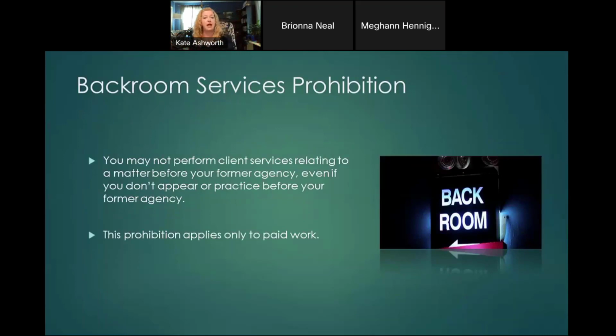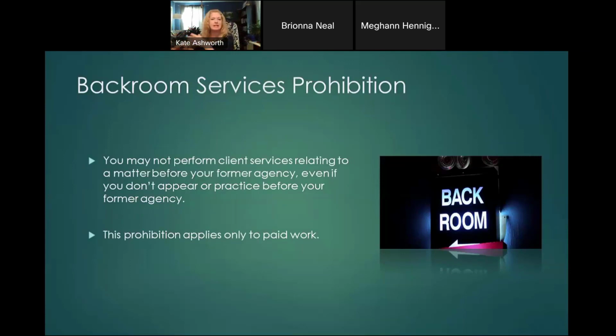Now, the flip side of that is the backroom services. So these former employees can't actively submit work products in front of their former agency to influence them, but they also can't work with their new colleagues in the private sector to develop some sort of plan to influence the former agency. That's the backroom services.